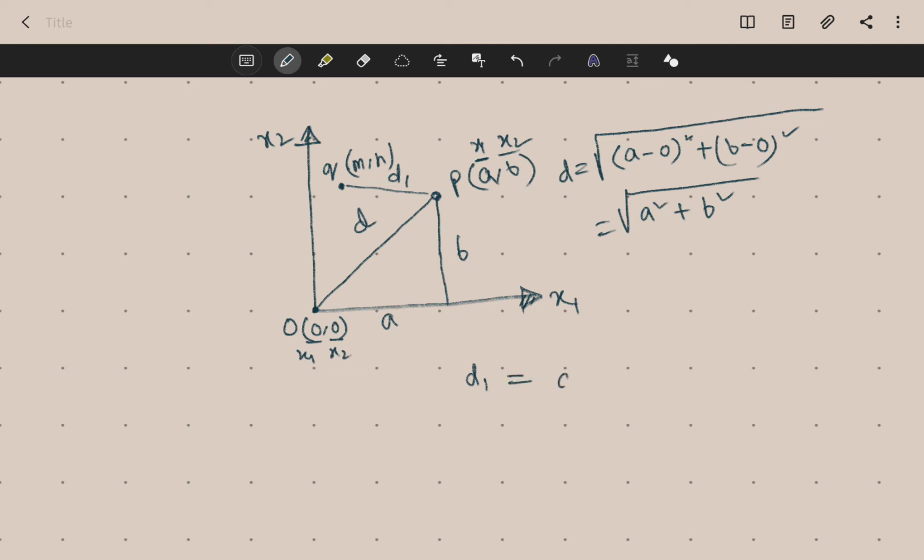Following the same formula, x1 gives A minus M, squared, plus B minus N, squared, and at the end of the day it's a root. So all of this we covered in 2D space. This is how we can define the distance.